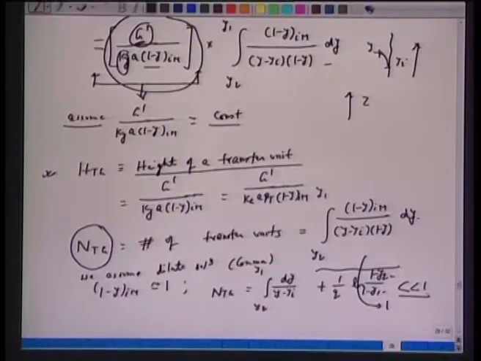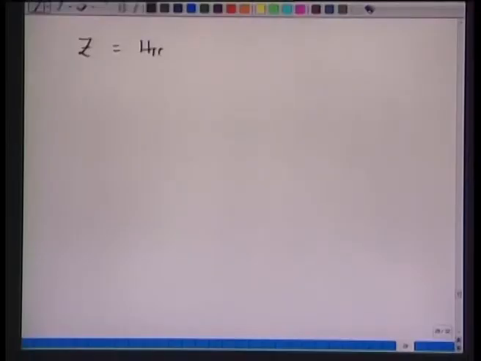It is a dilute gas. So, now we have very simple expressions for the height of a column.